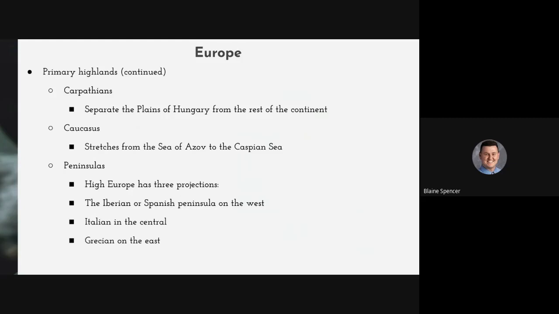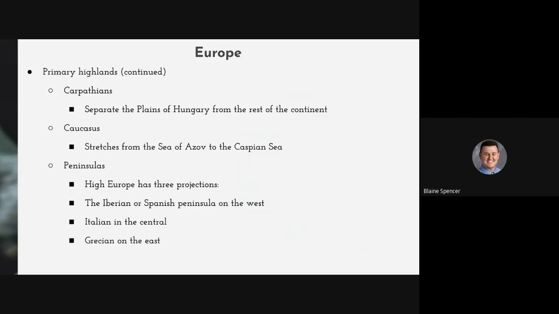Okay, it's going to create this border around these seas.